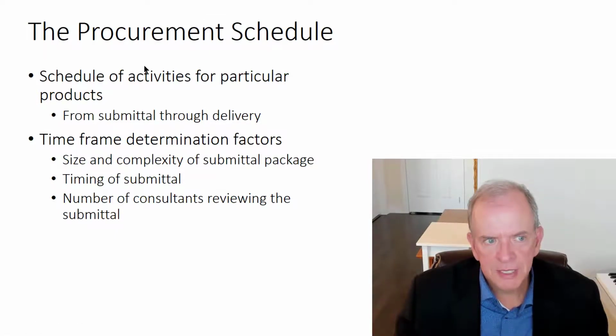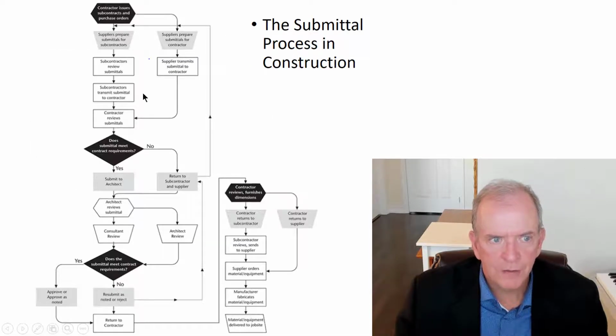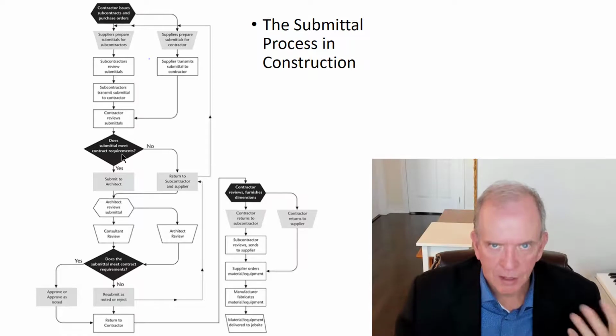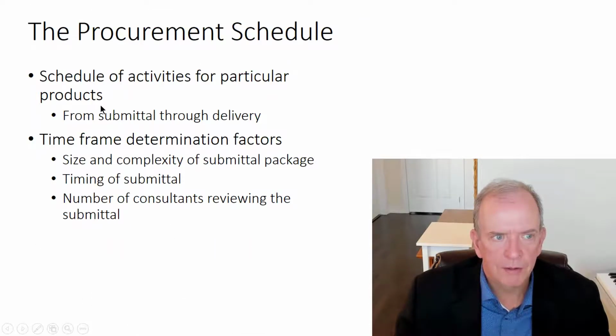The procurement schedule is really just logging that information and tracking it, particularly by date. Because you could have sent this at a particular date and then it sits on somebody's desk and they're not reviewing it. You can imagine if anything sits on somebody's desk or in their computer in cyberspace, then time is going, the clock is spinning. So we have to have a means to monitor that, right?